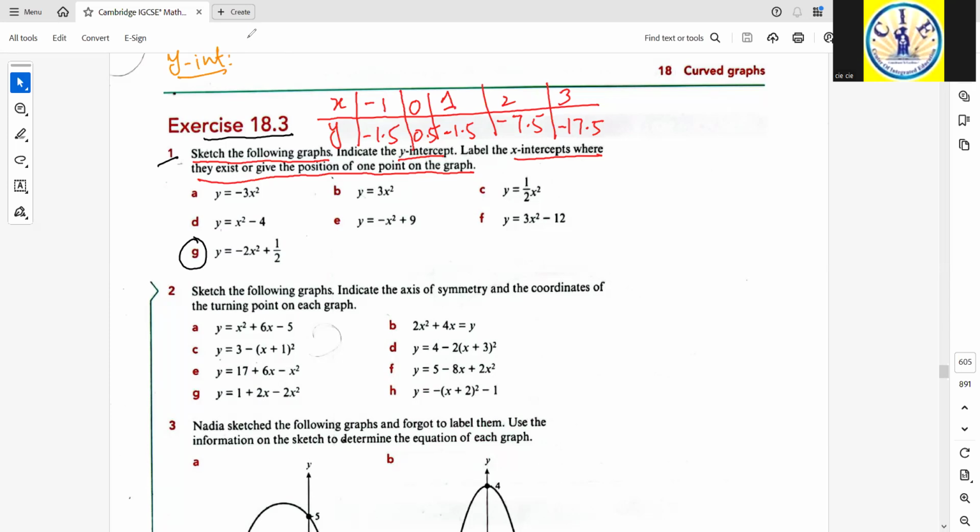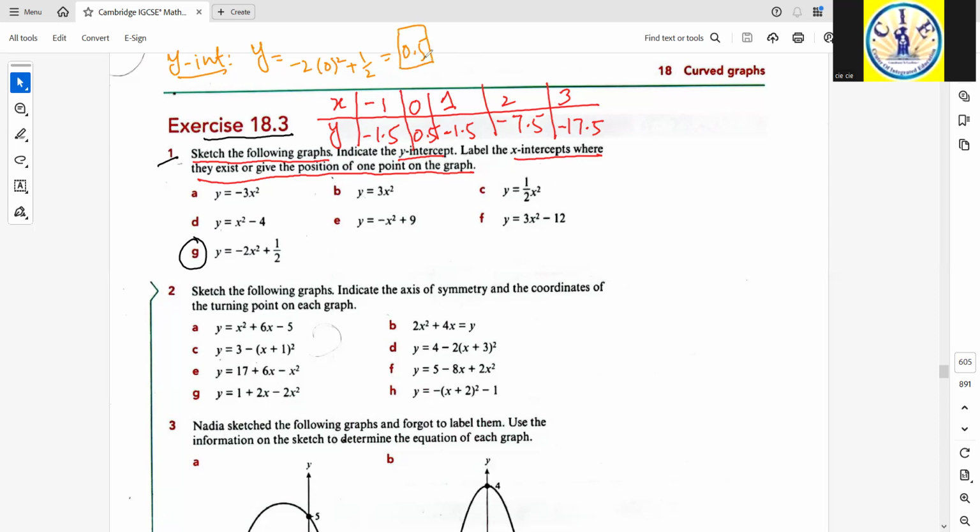So I'm going to replace x equals 0 in the given equation. That would give me y equals -2 times 0 squared plus half. So that is 0.5. So the y-intercept is y equals 0.5.